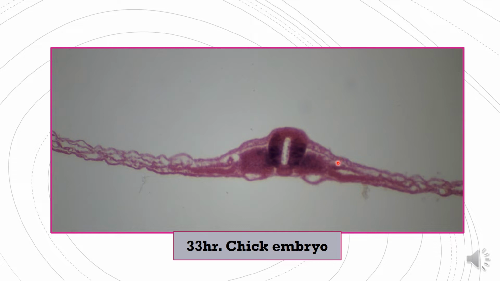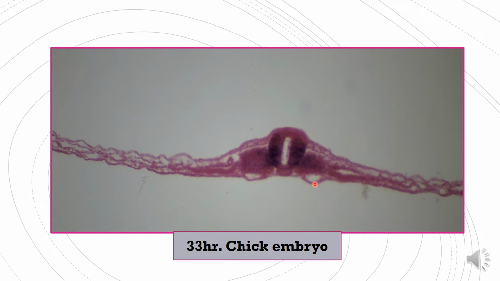The layer adjacent to the ectoderm is called the parietal lateral plate of the mesoderm, while the layer adjacent to the endoderm is called the visceral lateral plate of the mesoderm.